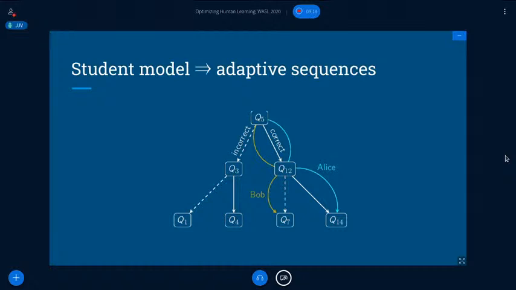Then if you have this kind of really simple student model that can learn how a student would behave, so the curves we saw before, then we can adaptively ask a question, let's say ask question 5 first, and if the student gets it correctly or not, you can decide what question you will ask next.